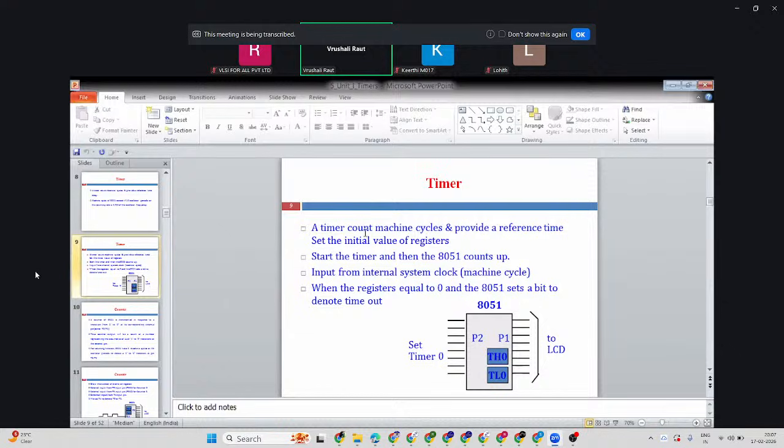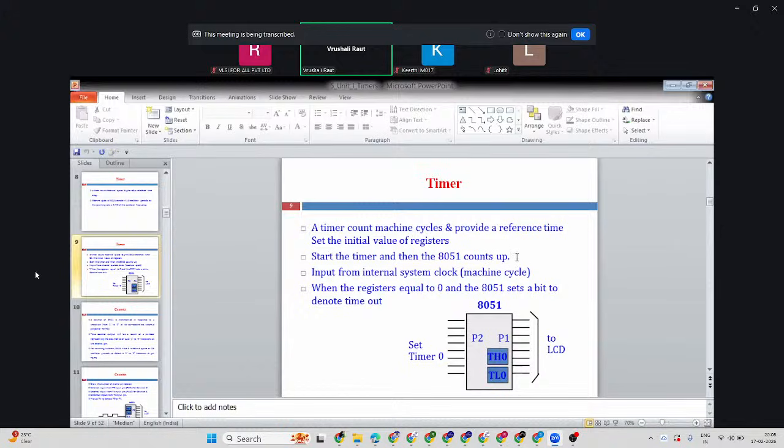A timer counts machine cycles and provides a reference time. Set the initial value of the register. Depending on our requirement, we will set the initial value and then it will go on counting to give us the delay. So start the timer and then the 8051 counts up. Once we give the pulse to start the timer, counting will start.